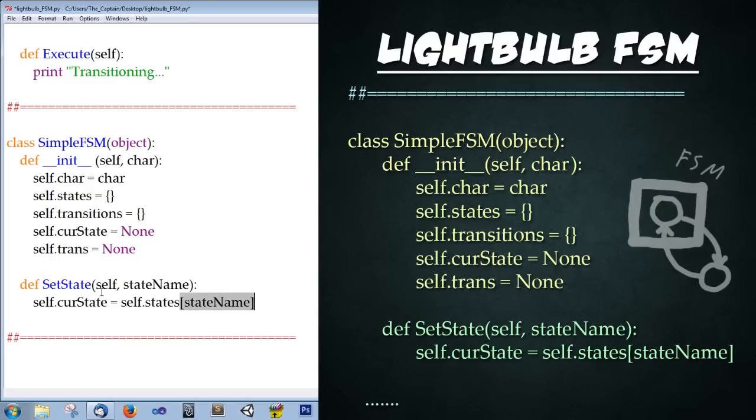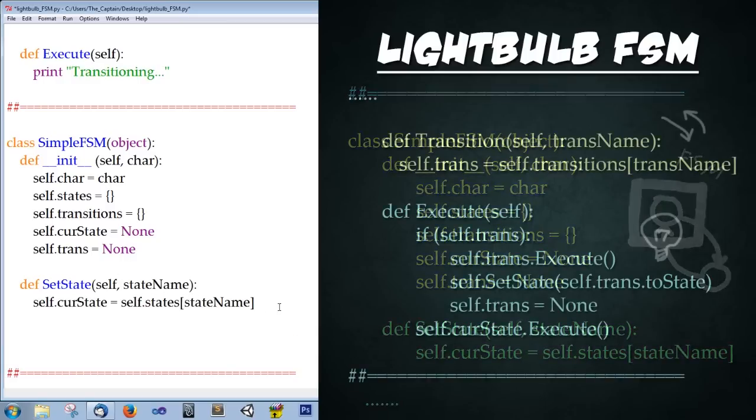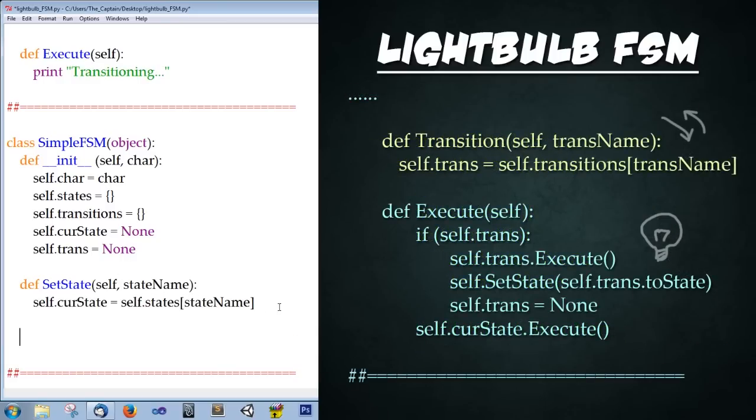And this is just a function that will look for whatever string we pass in within the states dictionary. So up above, when we create the states dictionary, it's going to be paired with whatever the state name is to an actual instance of that state. And this function is how we're going to set the current state to the passed in state by passing in just a simple string.